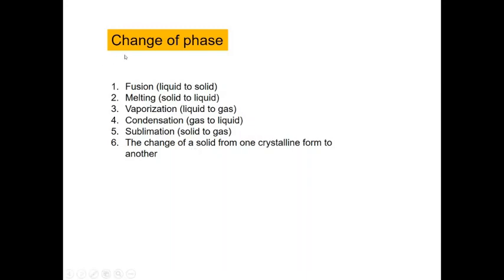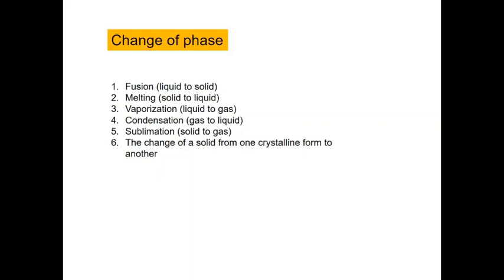So an example of fusion, liquid to solid, is freezing of the water. When you freeze the water at 0 degrees Celsius, it becomes ice. Melting is, for example, heating the ice. It becomes liquid, it becomes water. Vaporization is liquid to gas.